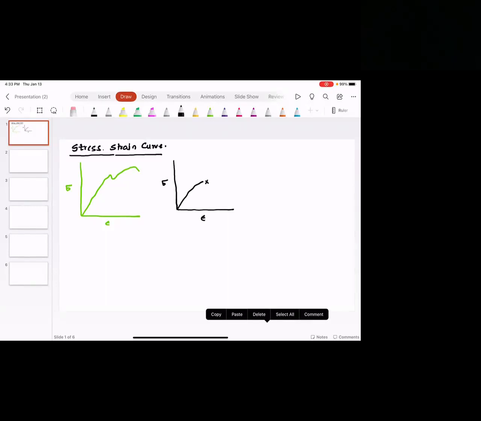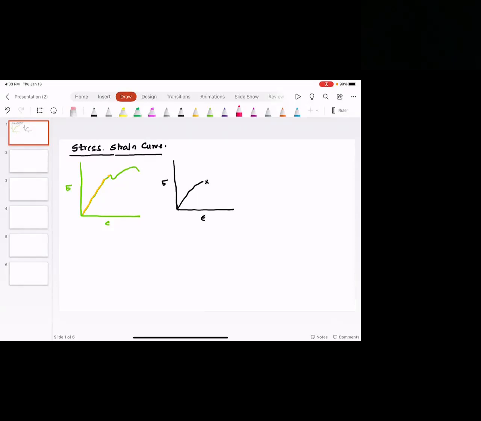And the reason for that is the material does not have time to react to the external loading if the loading is sudden. The most important part when we talk about the stress strain curve is the elastic region, or the linear relationship between the stress and the strain.